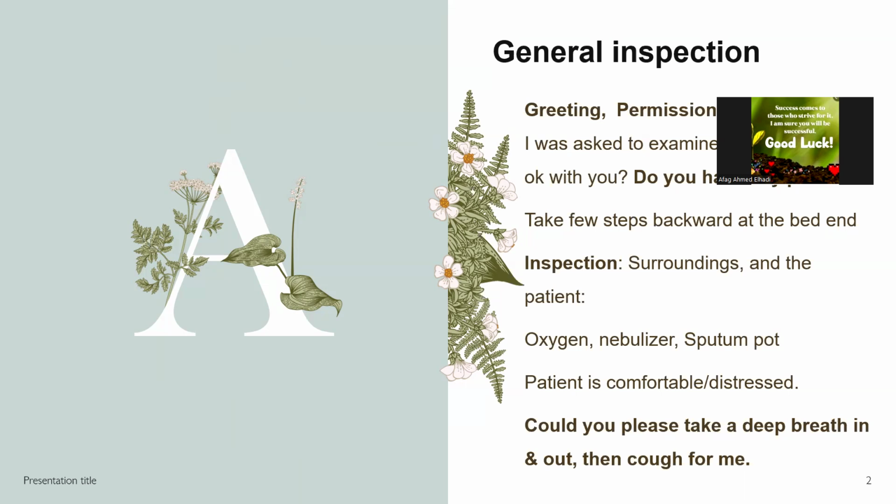Inspections, and we have the general look for the patient and surrounding, and then look for any obvious respiratory distress, and look at the patient's hands, and from the hands we go to the pulse, and then pallor and jaundice in the eyes, and look for any systemic features in the face or in the hands, and go down to the neck.